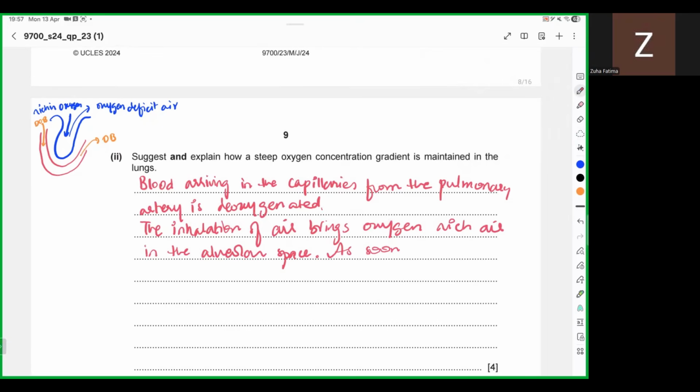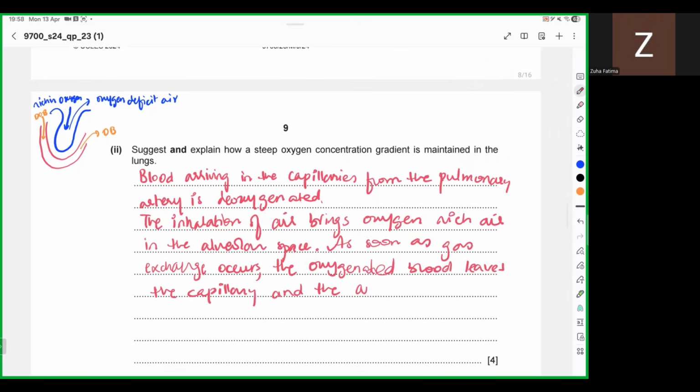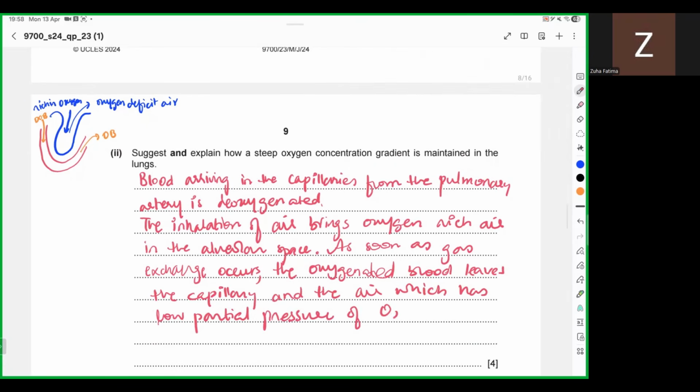As soon as gas exchange occurs, the oxygenated blood leaves the capillary. The air, which has low partial pressure, or you can say low oxygen concentration, is exhaled out.